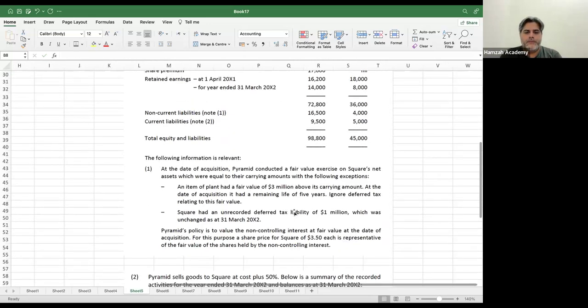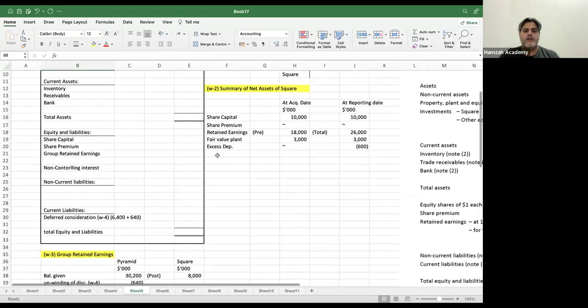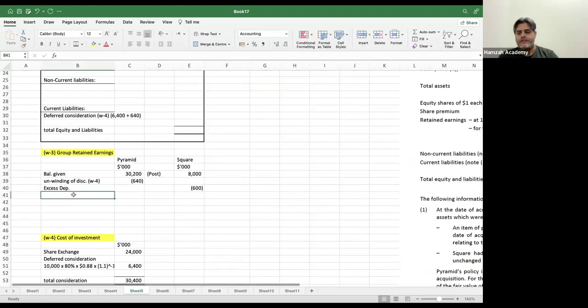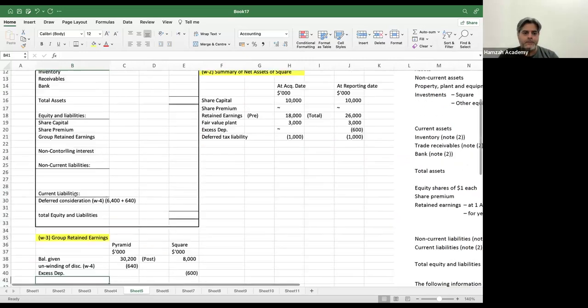Then we have the second point. Square had an unrecorded after-tax liability of 1 million, which was unchanged at 31st March. So we were supposed to record an after-tax liability, which it had not recorded. So I will go the after-tax liability 1,000, and this deferred tax liability is going to be recorded into the liability half as well.